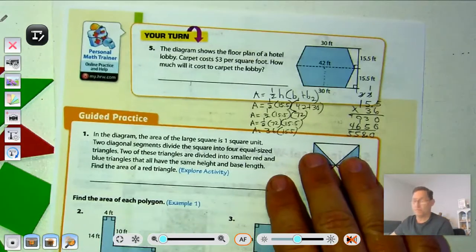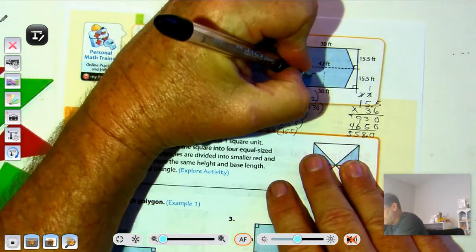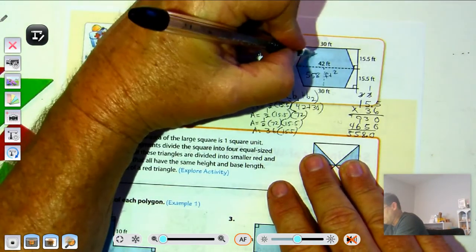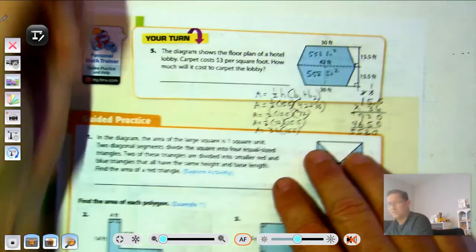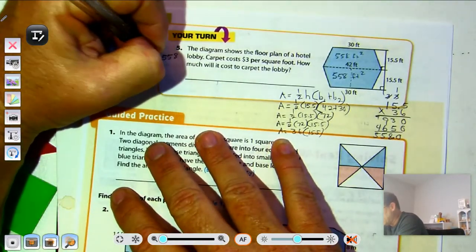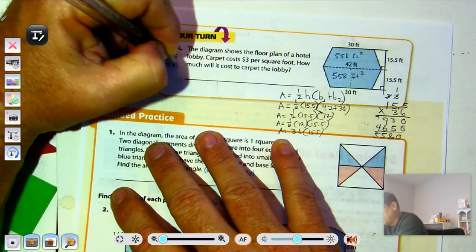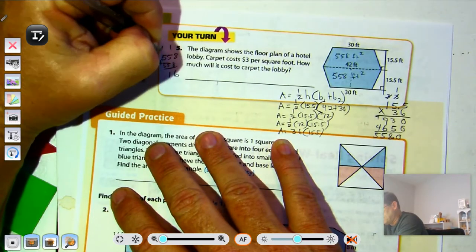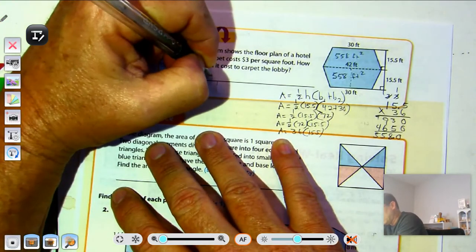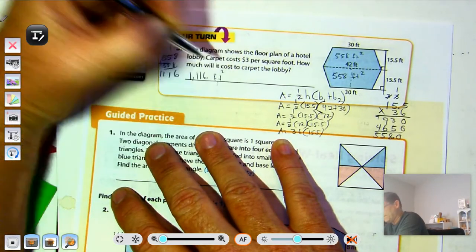All right, so this trapezoid is 558 square feet. Well, so is the other one. So what's the total area? 558 plus 558 gives us 1,116 square feet.